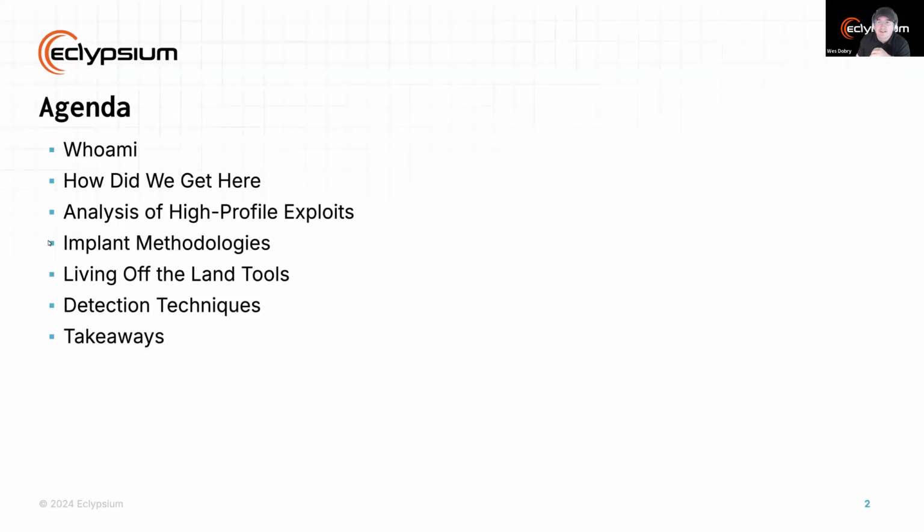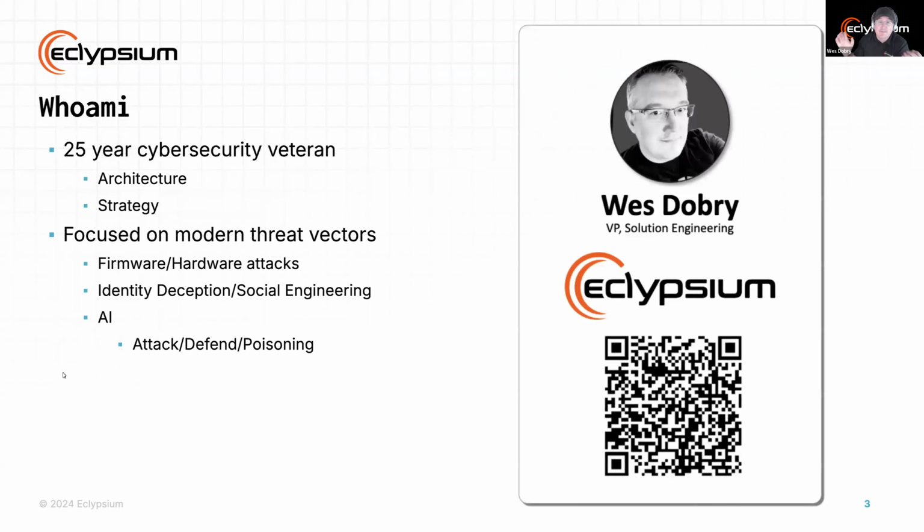Ultimately, I want to go through how we got here, some analysis of some of the high profile exploits that are out there, talk about some of the ways these APTs are implanting into devices, go through a little bit of LOLBins and how they're living off the land on these pieces of equipment, detection techniques, and of course, hopefully some takeaway items as well.